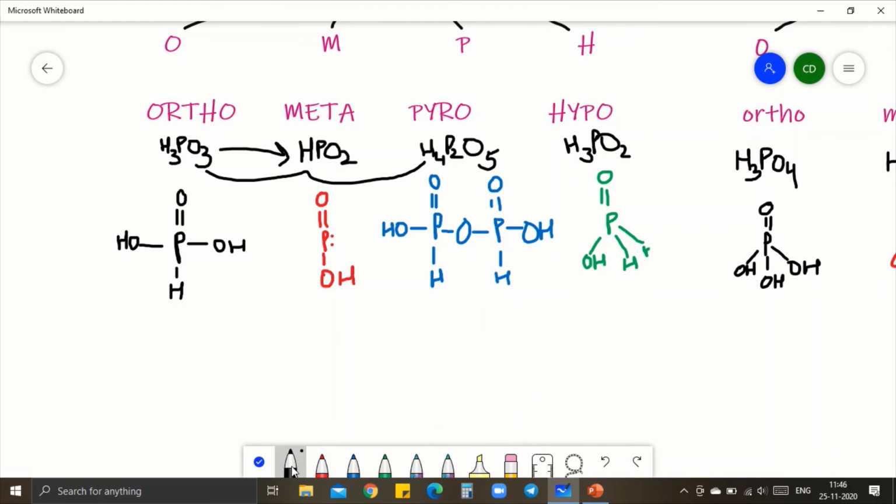First of all, basicity is the number of replaceable hydrogen ions. Number of replaceable hydrogen atoms is called basicity. We say the hydrogen atom is a replaceable hydrogen atom when it forms a bond with oxygen. So simply, the number of OH groups is equal to basicity.